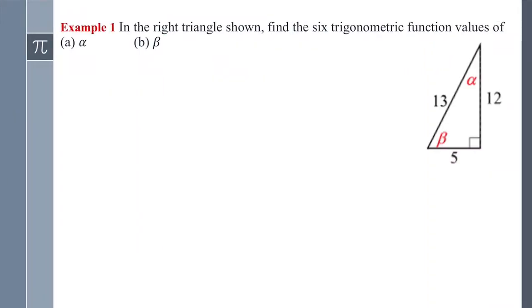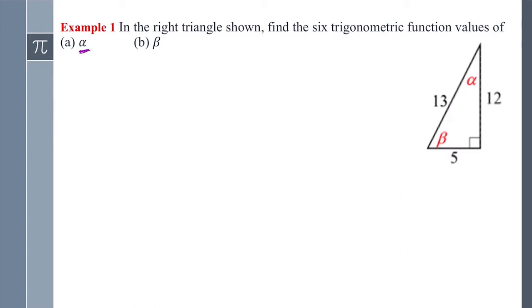Now let's use this right triangle and write the six trigonometric functions based on it. We have two different reference angles. The first one is alpha, so we are going to write all six trigonometric functions for angle alpha, and then we'll do similarly for beta.